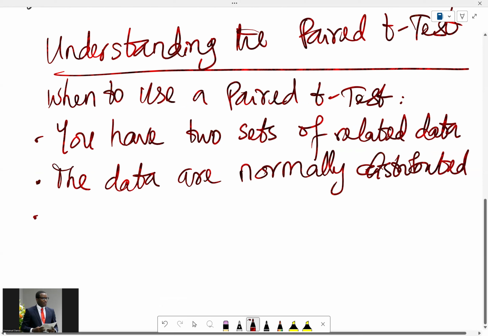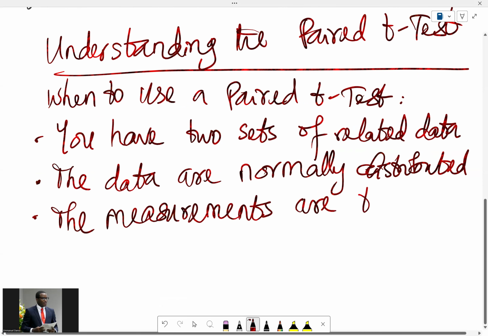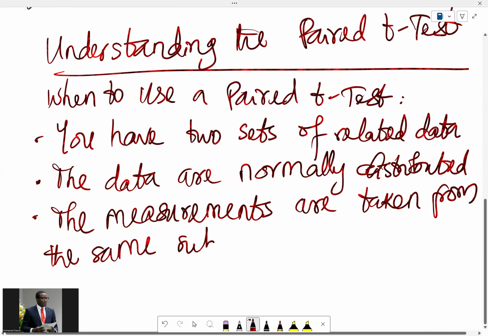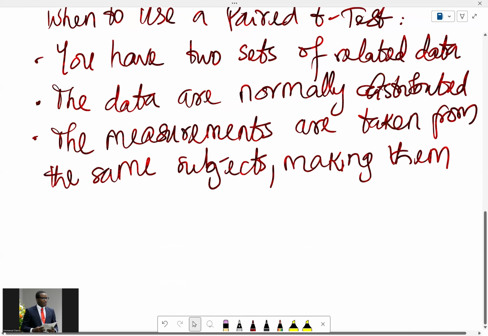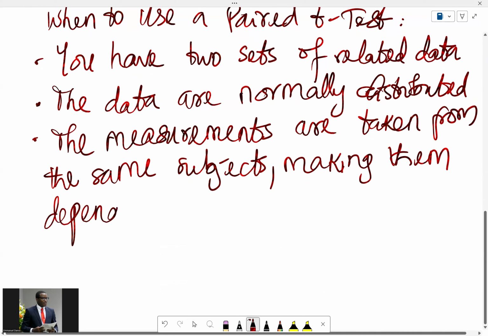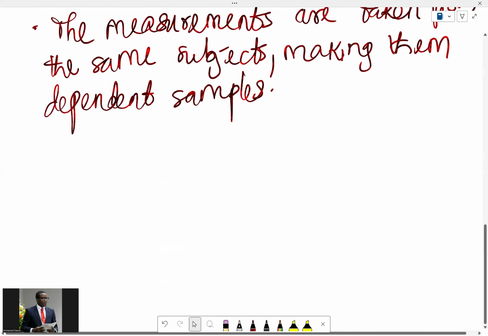The third point is that the measurements are taken from the same subjects, making them dependent samples. Two sample tests, independent samples; paired t-test, dependent samples, basically.